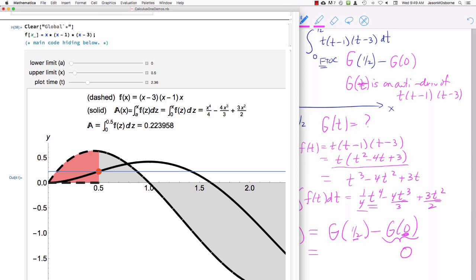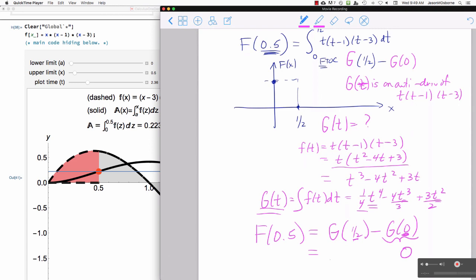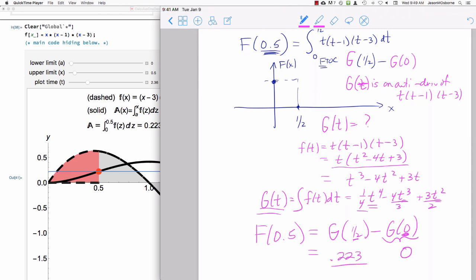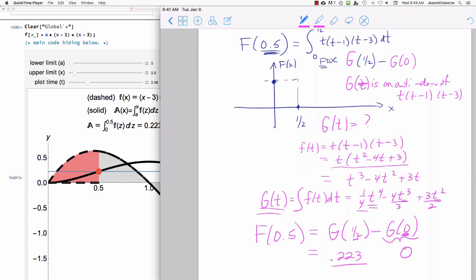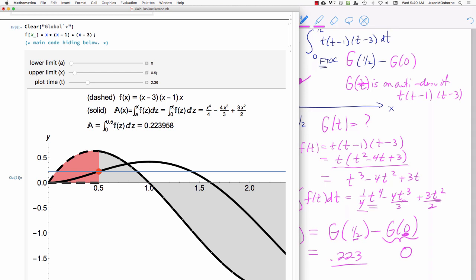Okay, you will get for your answer something around 0.223. Okay. So that's how you are getting values for this antiderivative. You'll get 0.223, and you can graph this function a dot at a time, right? And that will give you the graph of the solid line.